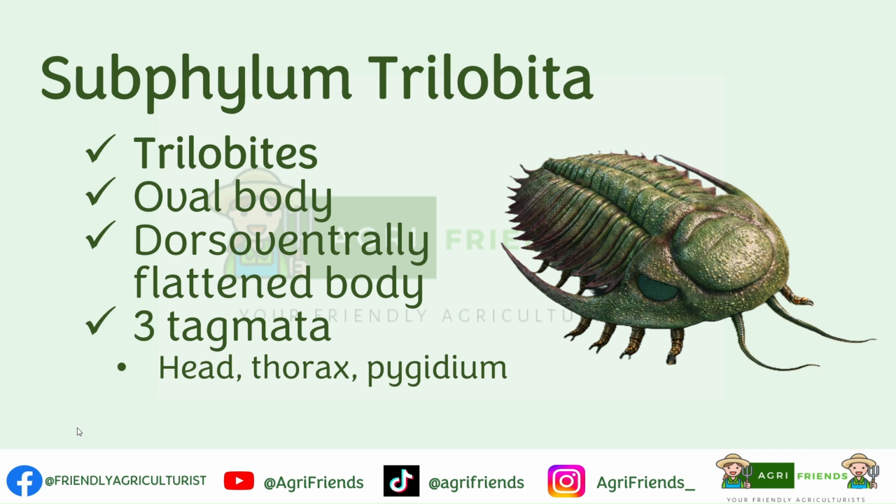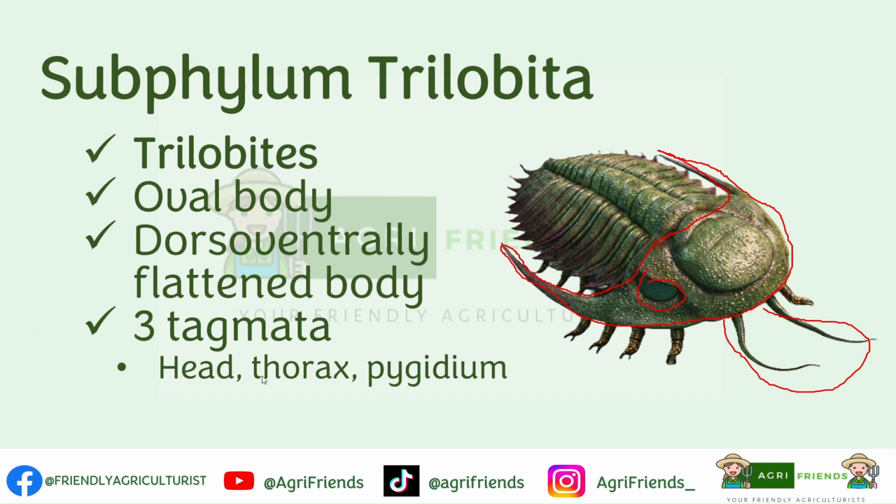So the subphylum Trilobita or the trilobites have an oval body which is dorso-ventrally flattened, and they have three tagmata: the head, the thorax, and the pygidium. So the head is comprised of a carapace, this is the carapace, compound eyes, and a pair of antennae.